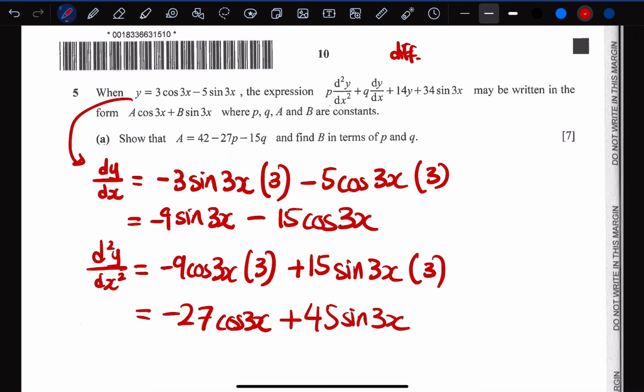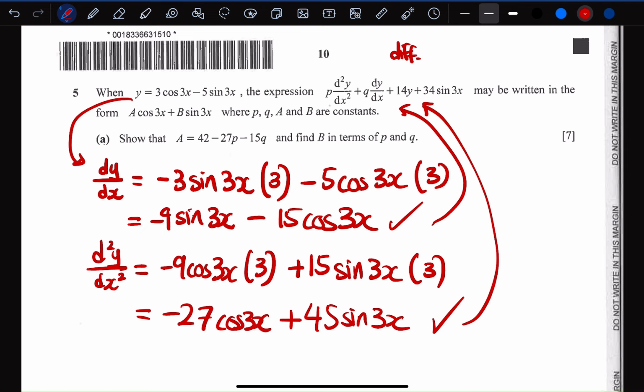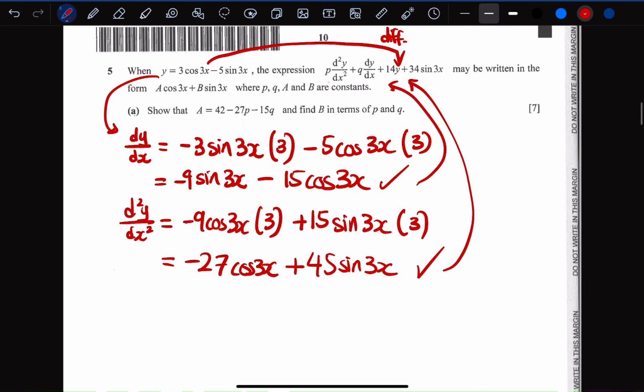Okay, after we have our second derivative and our first derivative, we're just going to sub both of these in here, including this y into here as well. So we're just going to sub everything in. For the second derivative, each of it is just going to receive an additional letter p, because we have multiplied in our p. Same with our dy dx, each of it is going to get a special letter q.